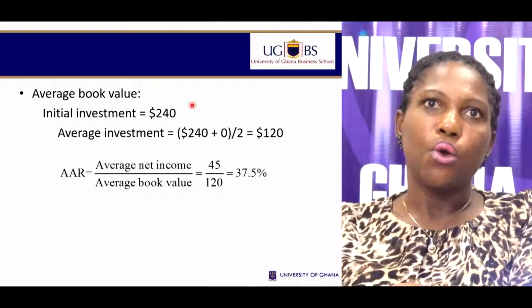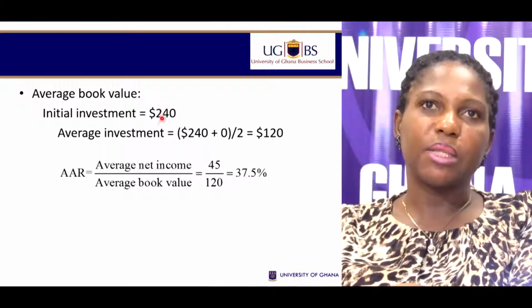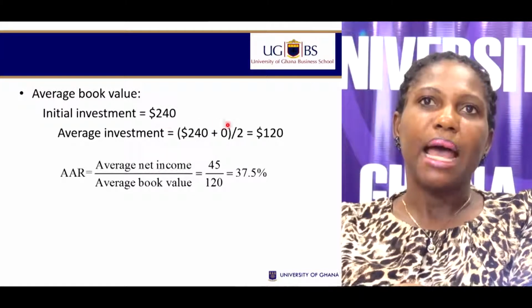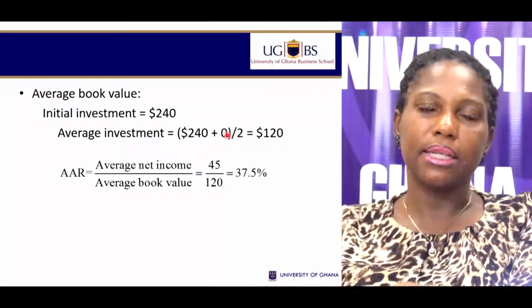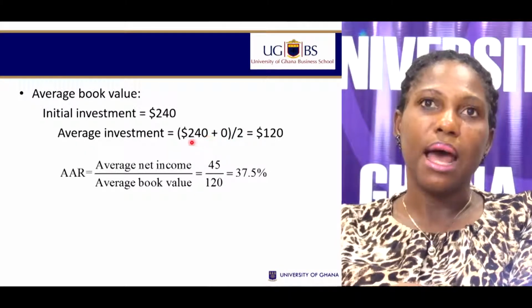Now, this is the initial investment required to set up, and then the closing value is captured as 0, meaning it has no scrap value at the end of the day.